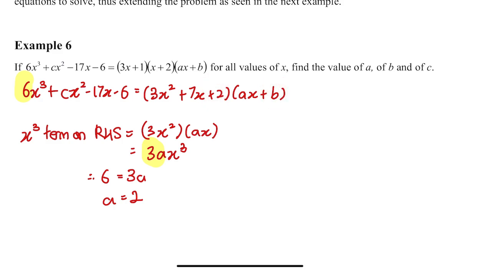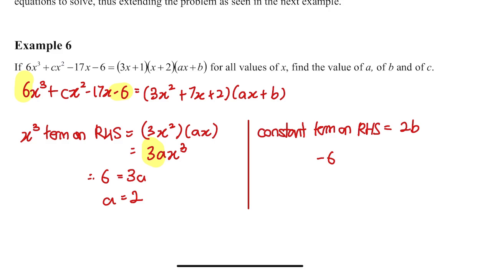So I can conclude that the constant term on the right hand side is simply 2 times b, which is 2b. By comparison, negative 6 on the left side, the constant term, should equal 2b. Therefore, b will be equal to negative 3. And with that, I found the value of a and b.